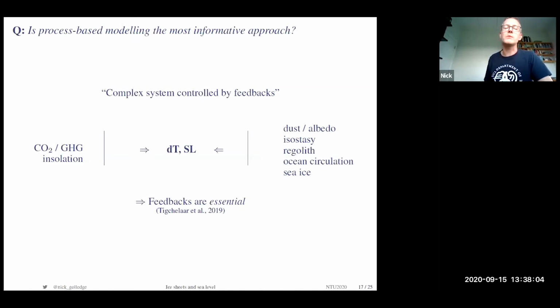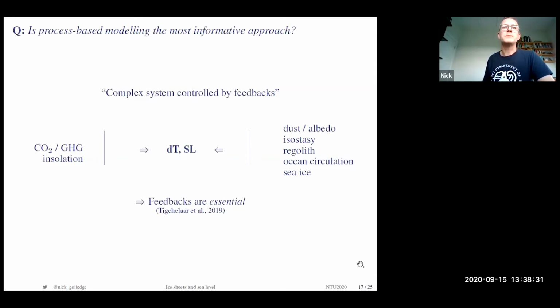It's just not possible. But we do know that feedbacks are essential, and actually we can't reproduce the patterns that we see if we only have single forcings. So we're left in this position where we know we have to include multiple forcings. We know that the sum total is more important than the individual, but we don't actually have an adequate way of robustly simulating those in an explicit physics-based way.